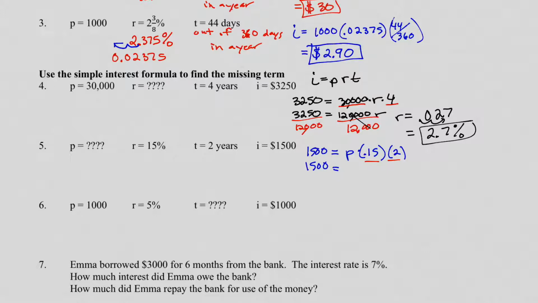And that's going to be 0.3 P, and then we divide both sides by 0.3. So 1,500 divided by 0.3 is going to be 5,000.